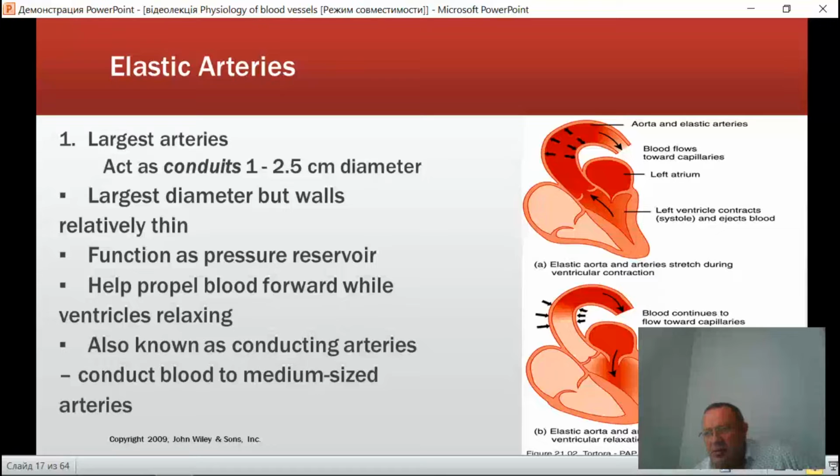They conduct blood to medium-sized arteries. On the scheme you can see big vessels, this is the aorta, with elastic function.